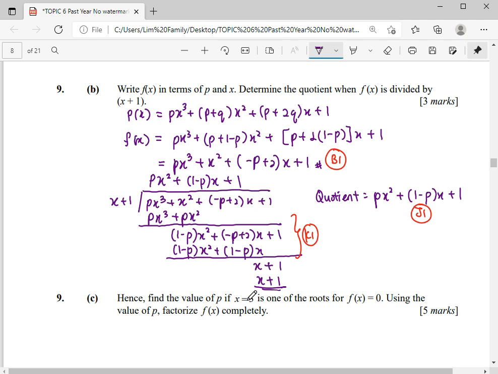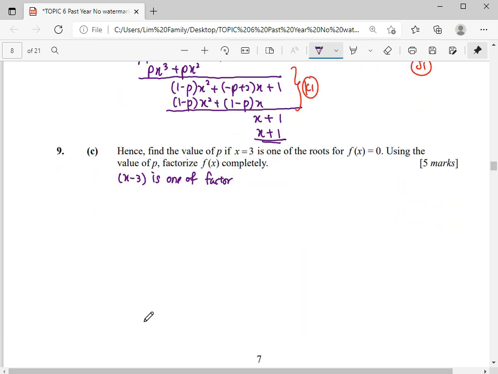So they say x equals 3 is one of the roots. Indirectly they want to tell you that x minus 3 is one of the factors, because from the factor, only then can we get the roots. So my polynomial has one of the roots, which is x minus 3.